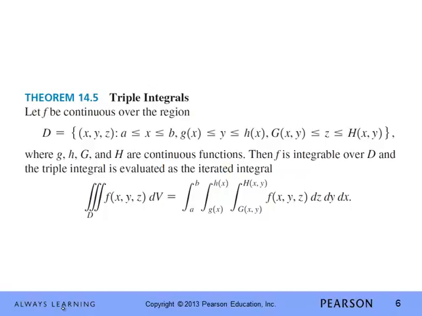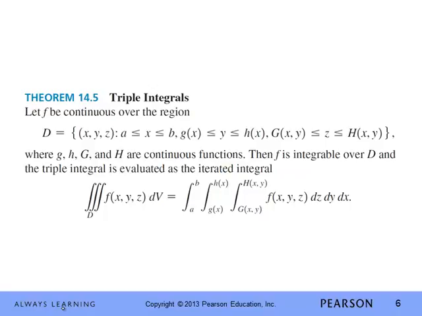Now, we evaluate our triple integrals in an iterated sense, meaning one integral at a time. You integrate the innermost integral first with respect to whatever this variable is. In this case, it happens to be z. So you would integrate this integrand function with respect to z first, and then evaluate between the upper and lower limits.